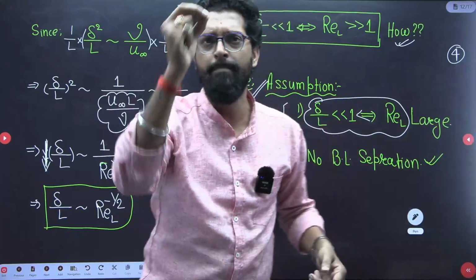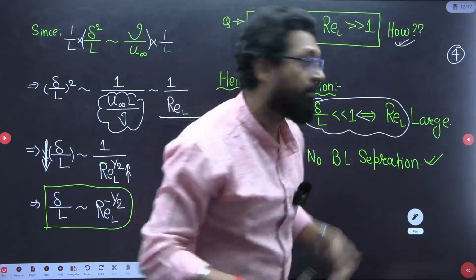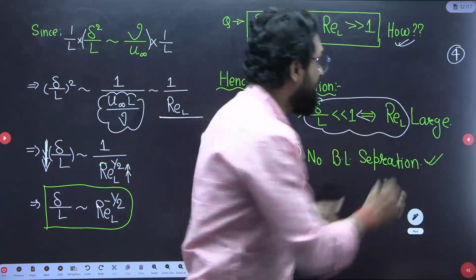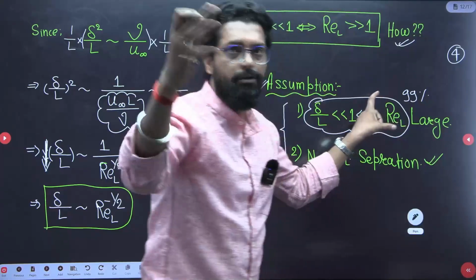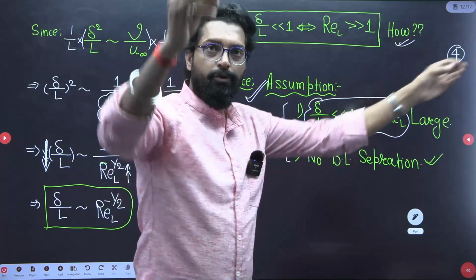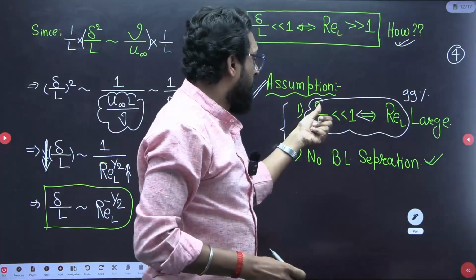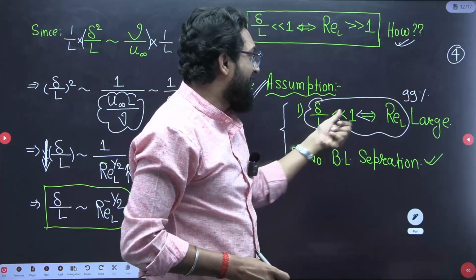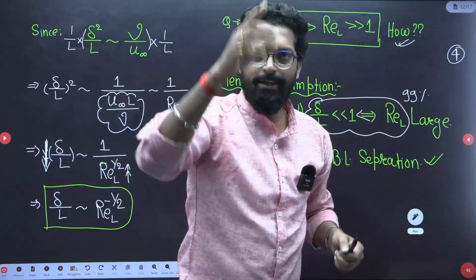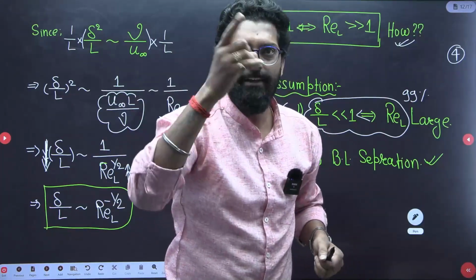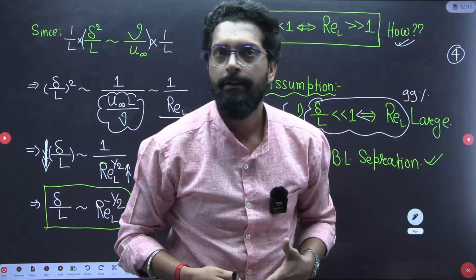Very important, I'm telling you, 99% of students don't know this concept. If you ask anyone, sir, if delta by L is less, what is the prime validity to satisfy the boundary layer theory? That is your answer.